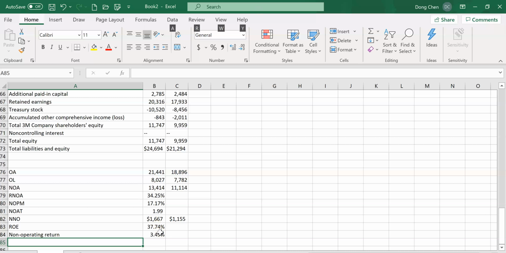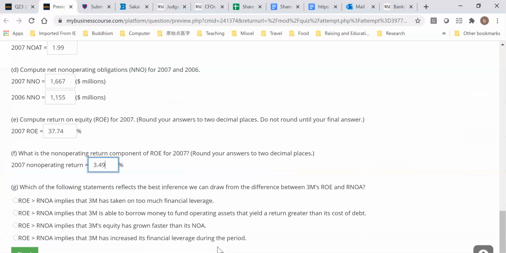So when this is positive, that means the cost in borrowing is not greater than the return generated from that borrowing. So we just look for the answers which match that analysis. ROE equals RNOA implies that 3M has taken on too much financial leverage, and this is not correct. It implies that 3M is able to borrow money to fund operating assets that yield a return greater than its cost of debt. And this is basically what we are looking for.